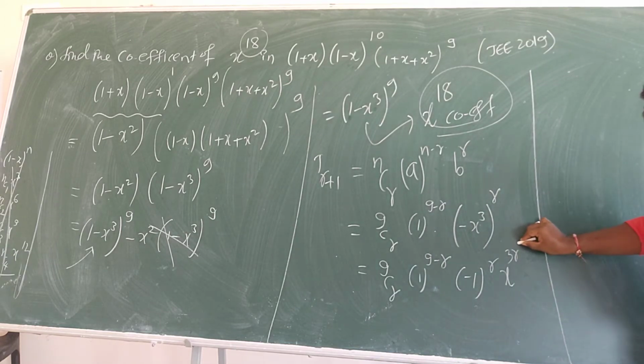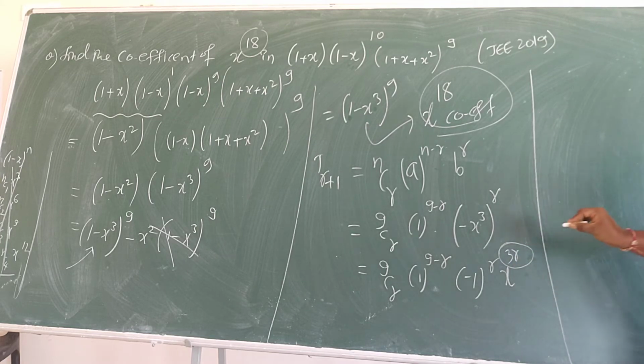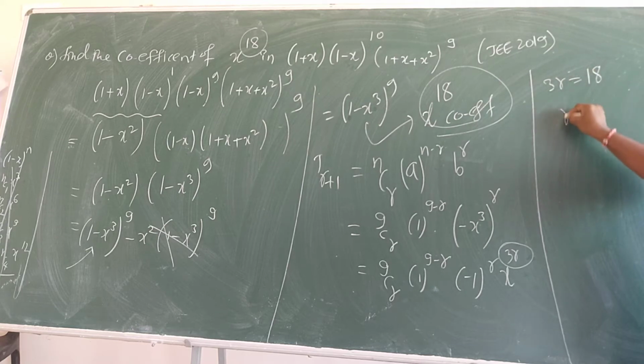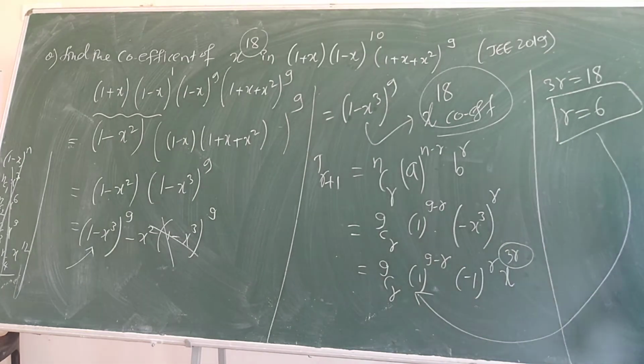So I have to make this one 18. The coefficient of x^18, so this should be equivalent to 18. So we will equate 3r equal to 18. r is equal to how much? 6.